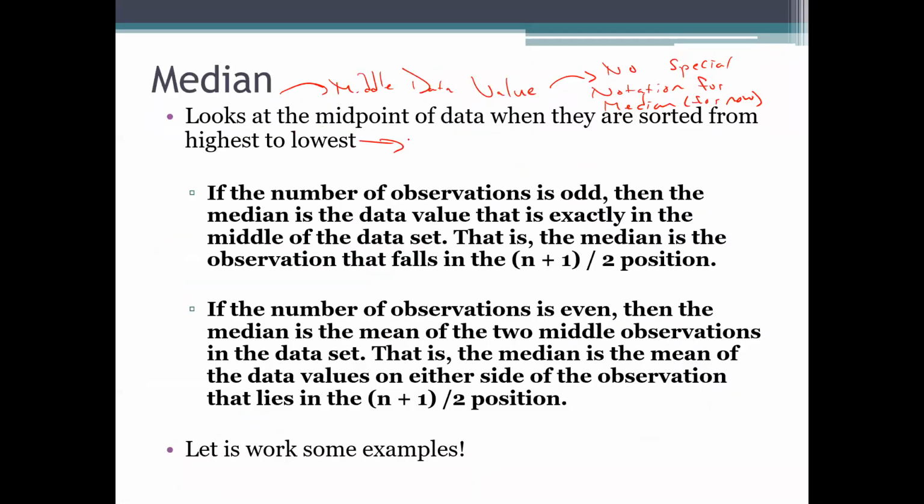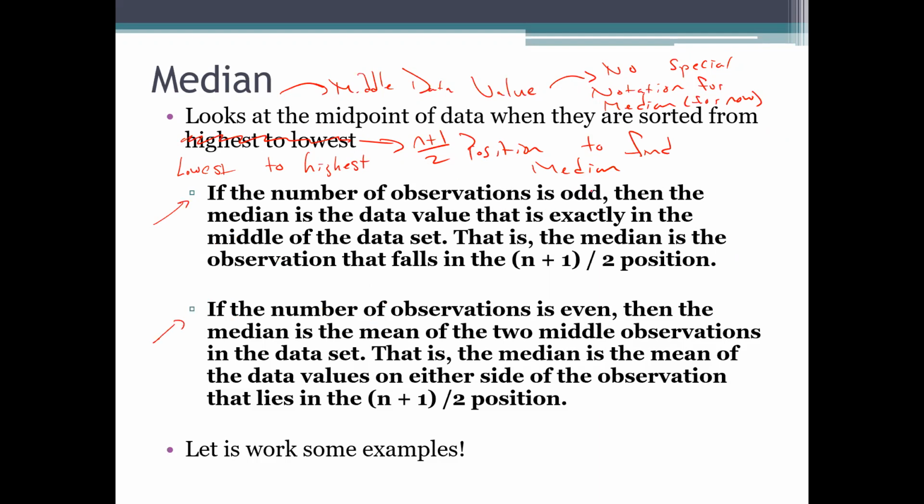I use what's called the (n+1) divided by 2 position to find the median. A little bit of a typo here. It looks for the median of a data set when it is sorted. I'm always going to sort it lowest to highest. There are two cases here.